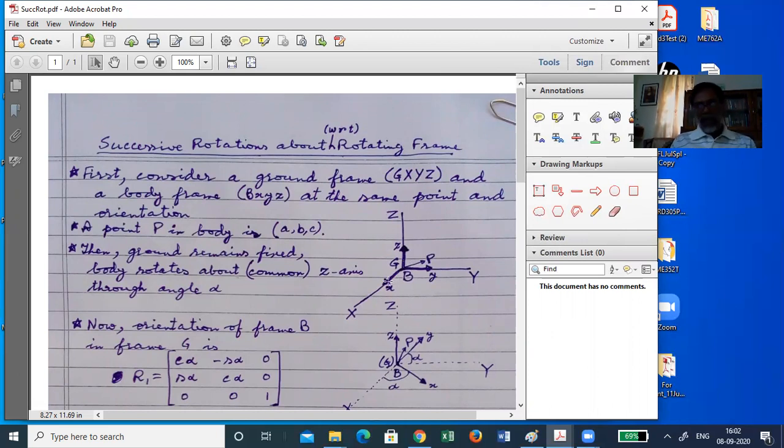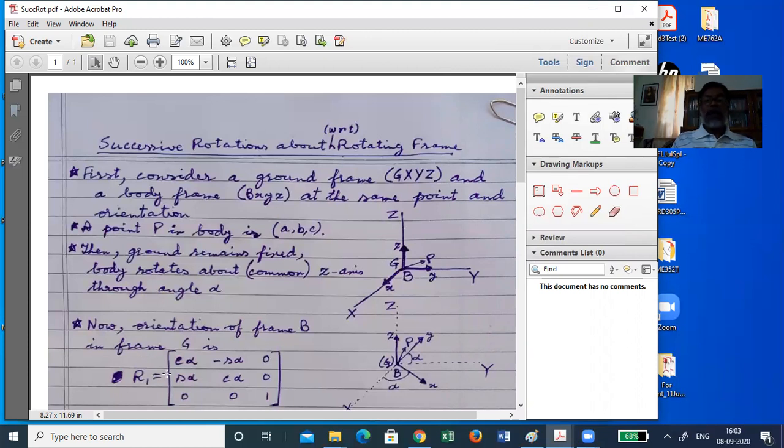Now the ground remains fixed as expected, and the body rotates about the common z axis through an angle alpha. So what will happen? This x axis will turn like this, y axis will turn like this, other parts of the body will turn, the point P also will turn. Z will remain in its place because that is the axis of the rotation.